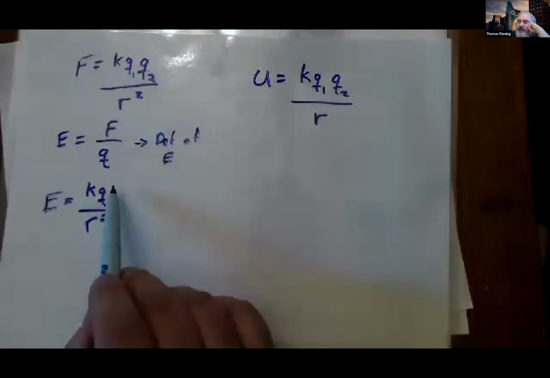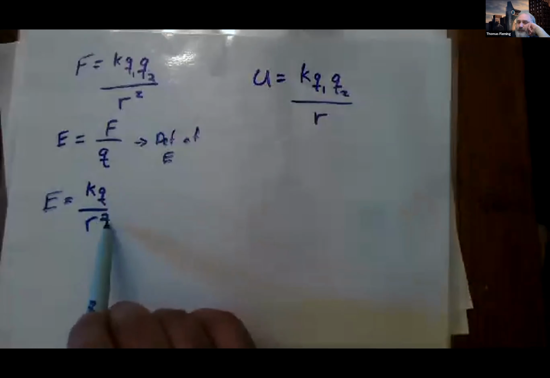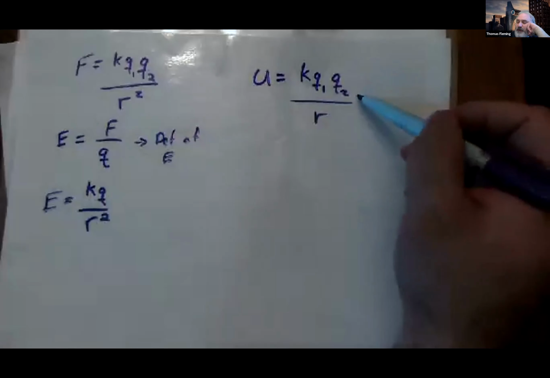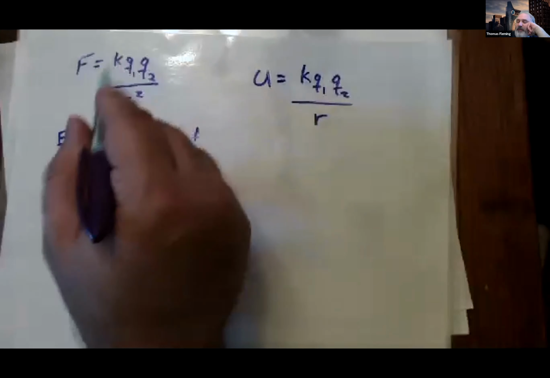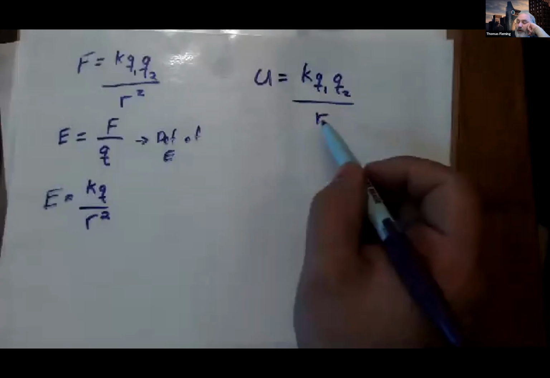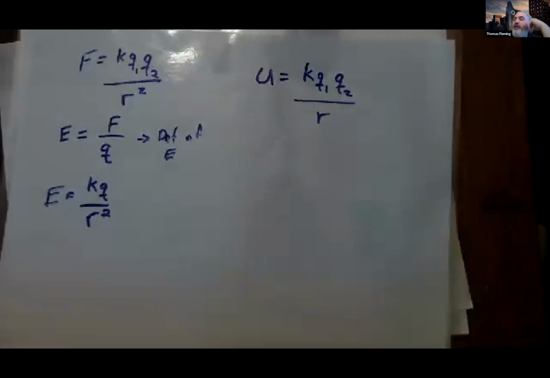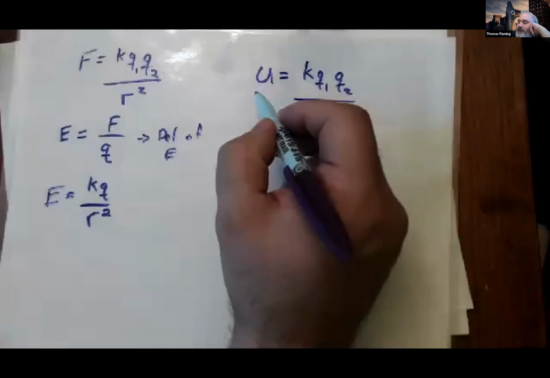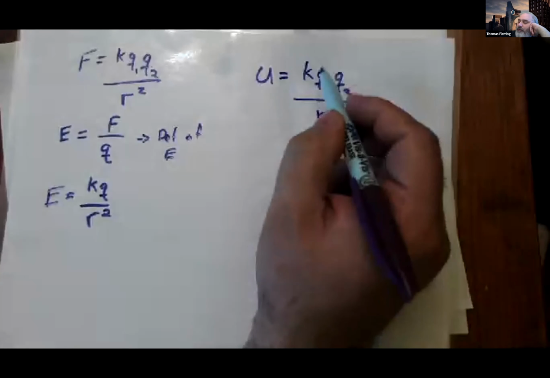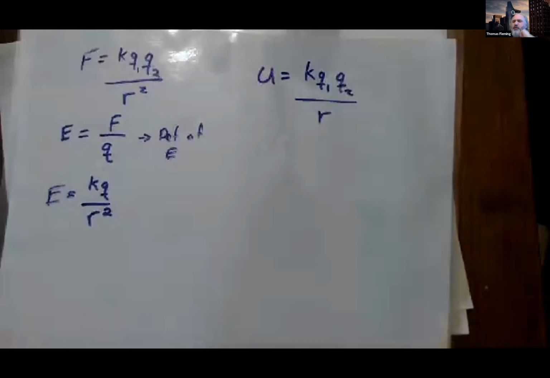Here we had K Q over R squared. Over here I have this, which looks almost exactly like the Coulomb force law, except the R isn't squared. But we still have that annoying problem of, in order to talk about the electric potential energy, I've got to talk about both charge 1 and charge 2.